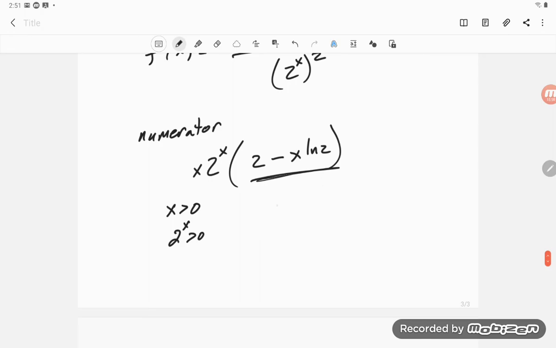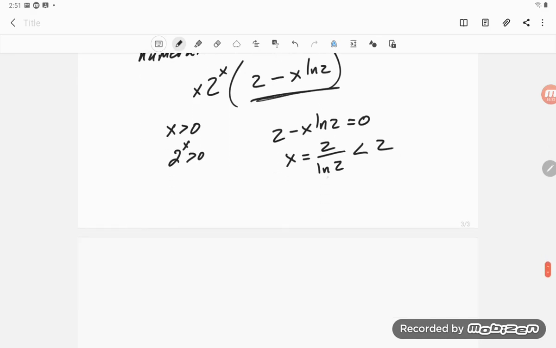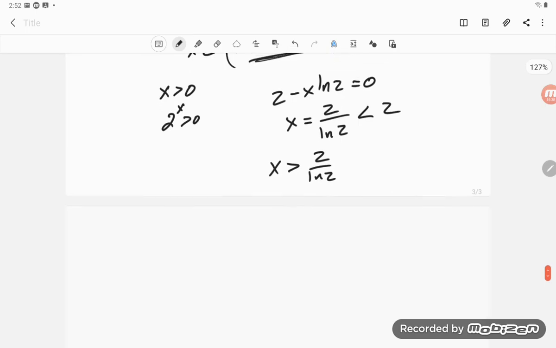And so if we set 2 minus x log 2 equal to 0, that's x equal to 2 over natural log of 2, which is a number less than 2. And then if x is greater than 2 over log 2, well, let's look at what happens.